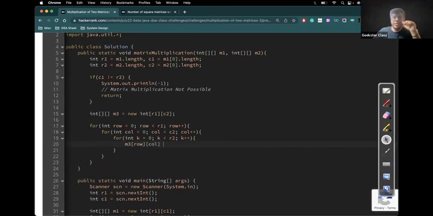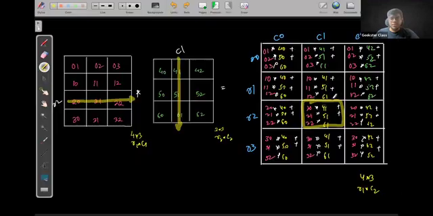In order to calculate any resultant, say for 2, 1, what are we doing? We are running a loop and adding all the pairs, yes or no? Adding the multiplication of this pair plus this pair plus this pair.